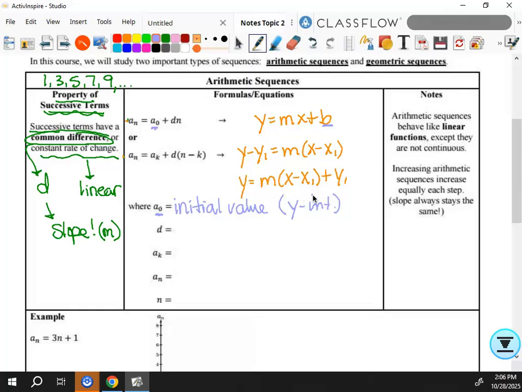So if you think about it, when you have a graph of a line, your y-intercept is where you start. That's your initial value before anything else happens, right? If we're just talking about positive stuff. All right, so then we have D. That's right here. What is that in my line? M, it's a slope. What D itself really stands for is common difference. But what we already understand it as is slope, which is M.